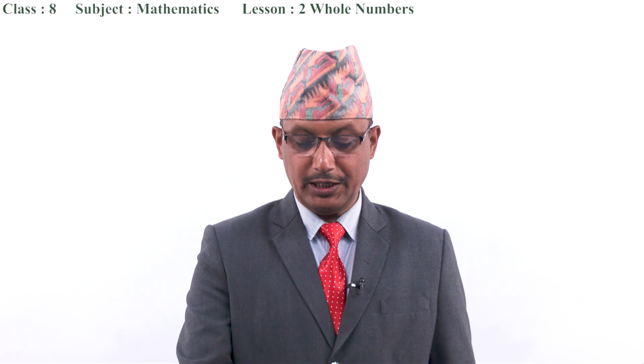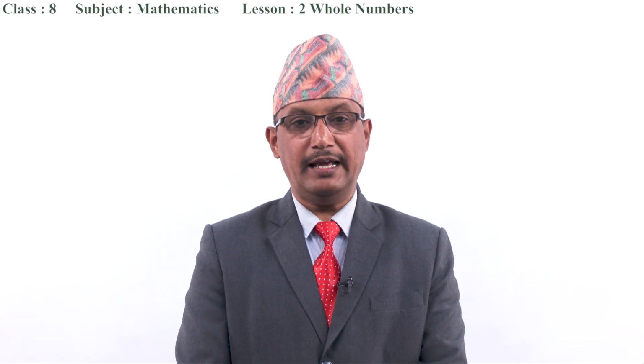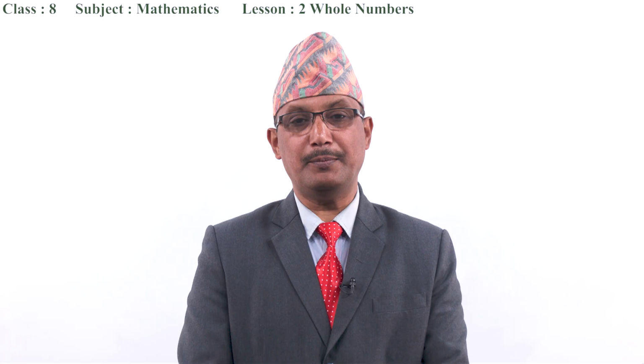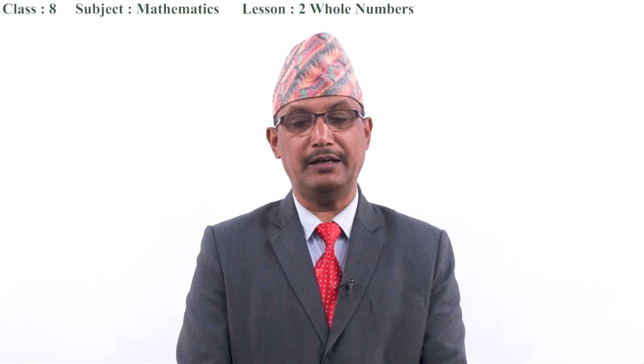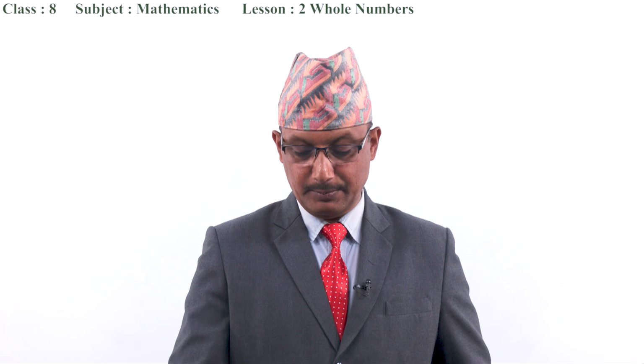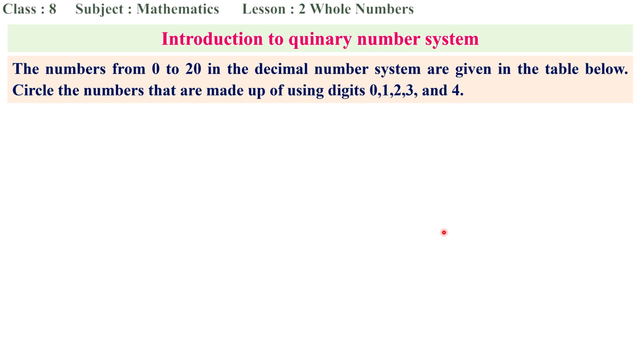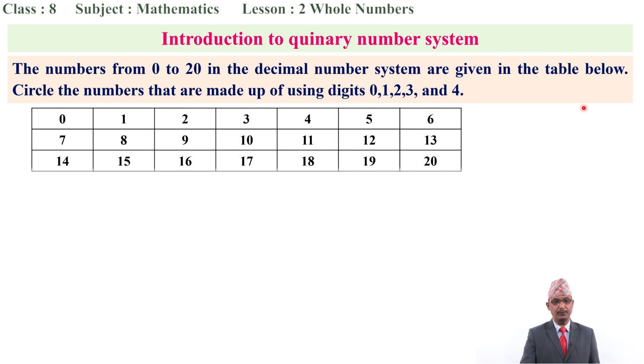But today we are going to discuss the quinary number system, and this number system is very similar to the binary number system. But before we start the quinary number system, let's do one activity. What is the activity? The numbers from 0 to 20 in the decimal number system are given in the table below.